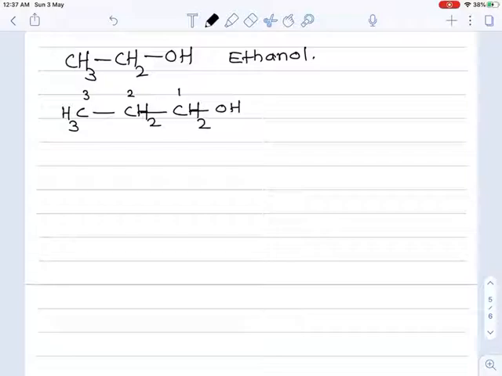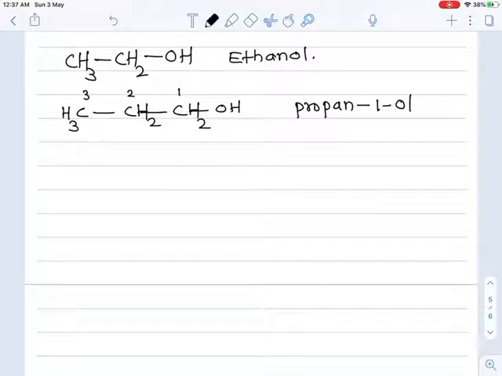This is a three carbon chain, meaning a propane derivative. So propane, at carbon number 1 this OH group is present, ending OL. So the number is written before the suffix OL. From three carbon onwards the number is required. So this number is written before the suffix OL in the name of the alcohol.